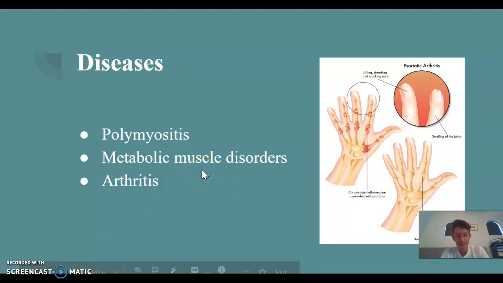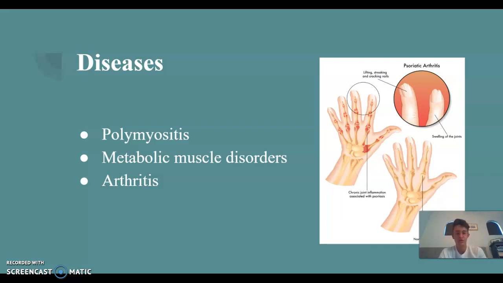So now we can talk about harmful effects when these muscles do not work properly. Now, there are a lot of diseases. There's inflammatory myopathy called polymyositis, which is inflammation and increasing weakness in the skeletal muscles. They can't function properly. Another, you've heard of arthritis, which affects joint mobility.